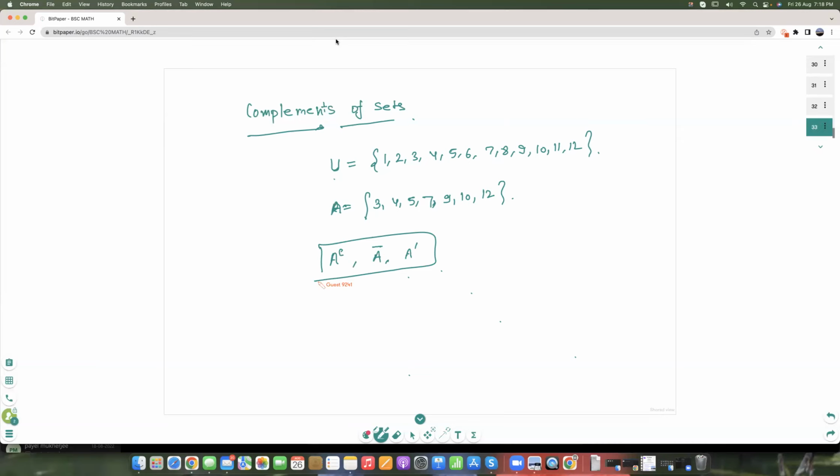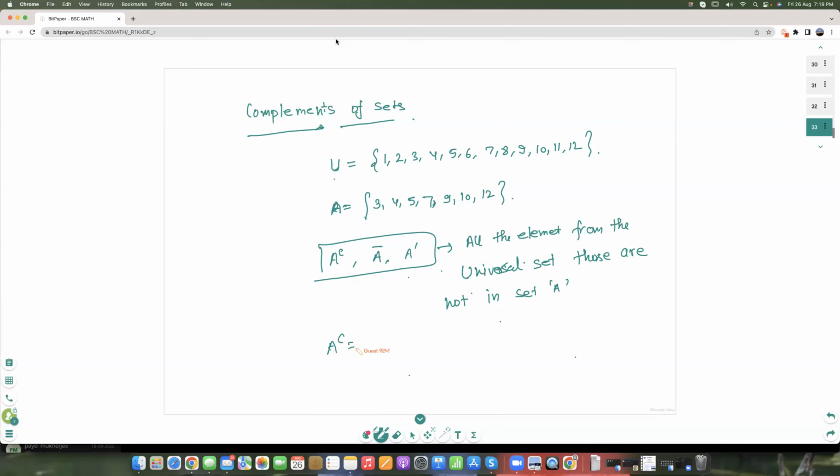So A complement means all the elements from the universal set that are not in set A. So what will be A complement there?